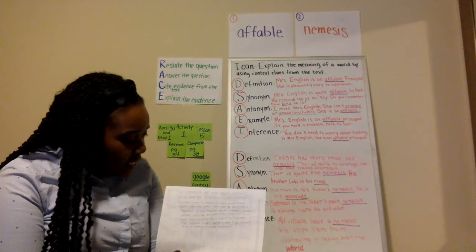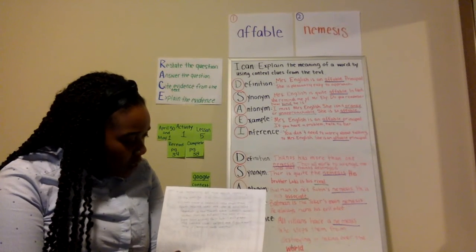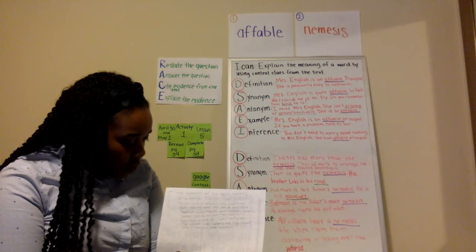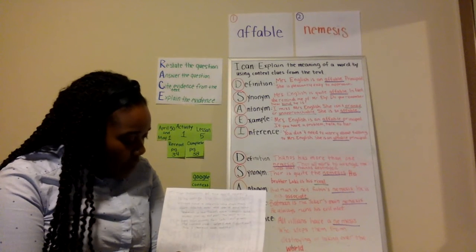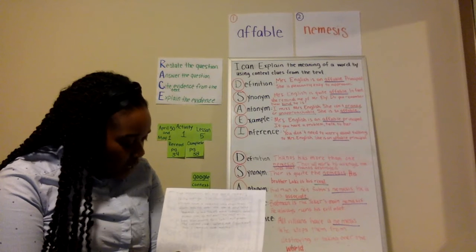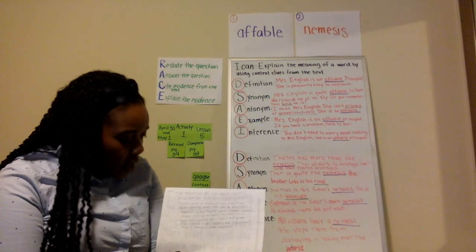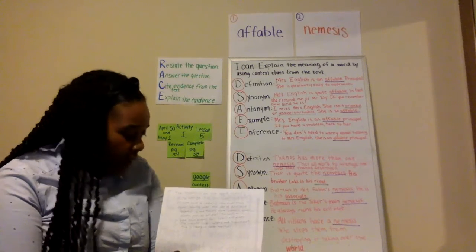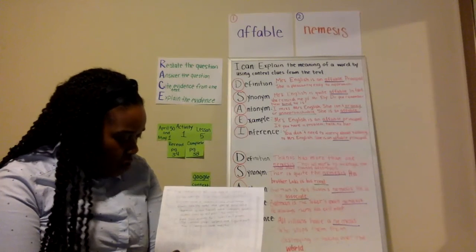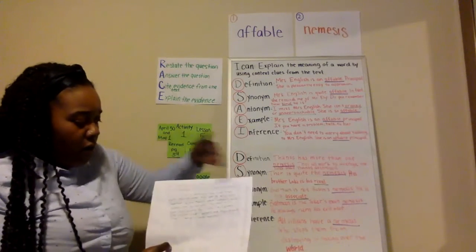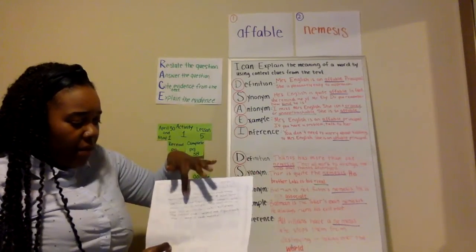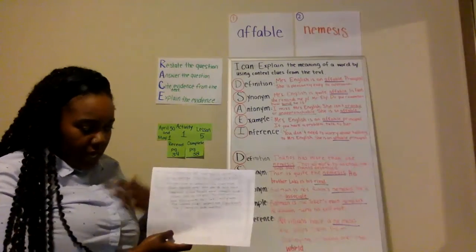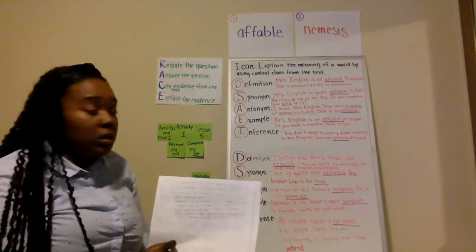The text states that all villains have a nemesis who stops them from taking over the world, and that Batman is the Joker's main nemesis, and he always ruins his evil plot. Okay, that's my evidence. My evidence tells me, well, if all villains have a nemesis and Batman is the Joker's main nemesis, then I know that a nemesis is someone who avenges. Okay.